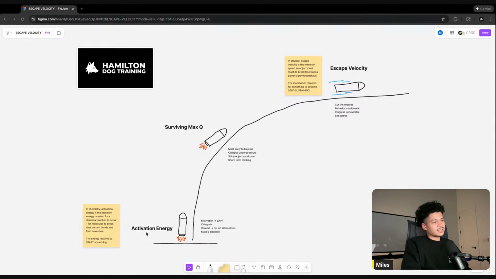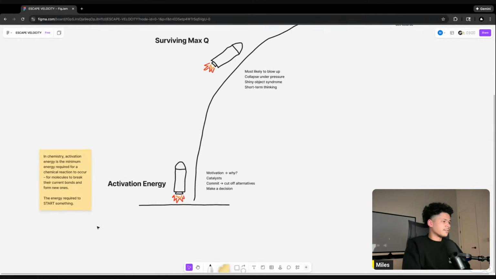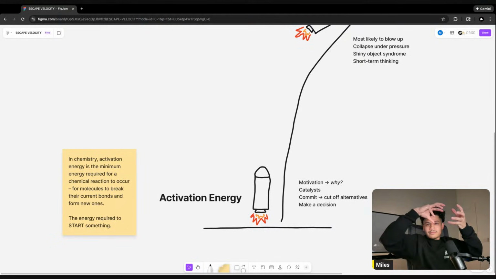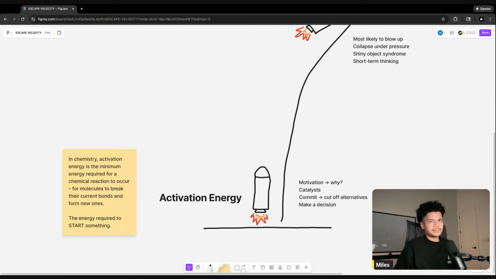First things first, let's get started with activation energy, all right? So in chemistry, activation energy is the minimum energy required for a chemical reaction to occur, so for molecules to break apart and then form new bonds, right? For example, imagine you're striking a match on the matchbox.